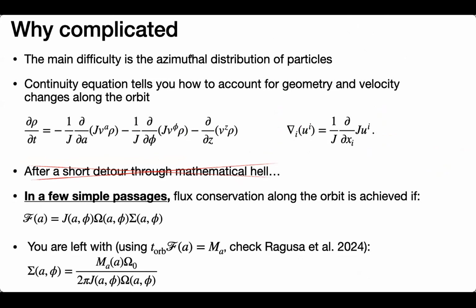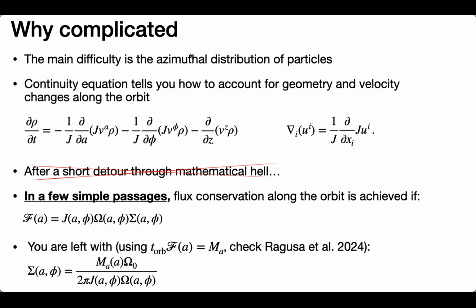So why was initializing this disk particularly complex? The reason is that along the orbit, the material changes, as I said, the geometry. After a few simple passages, which are not that complex, you find that there is a quantity that is conserved along the orbit, which is the flux.